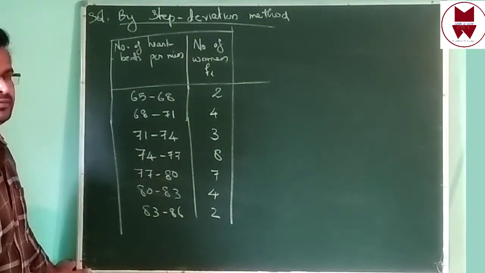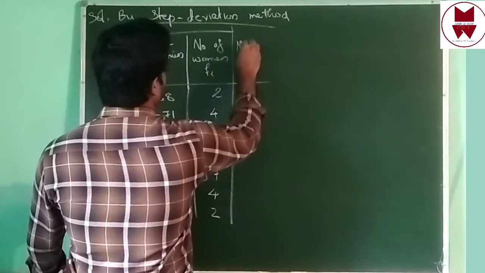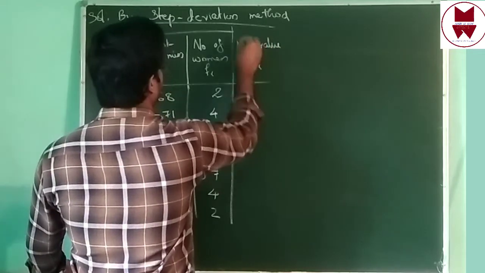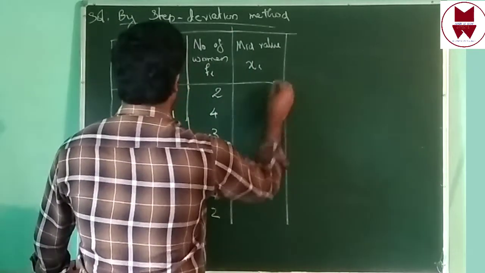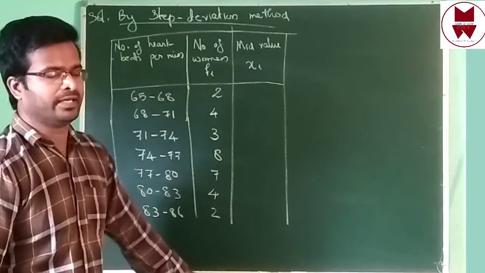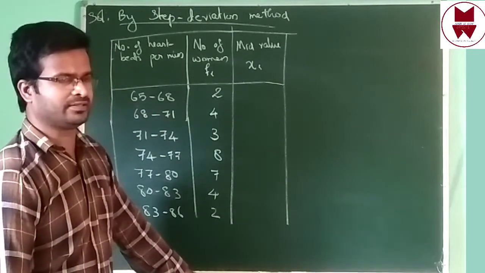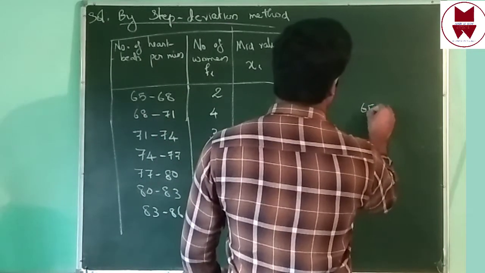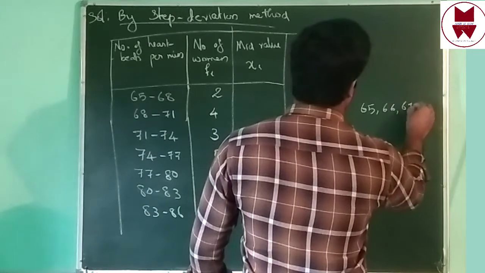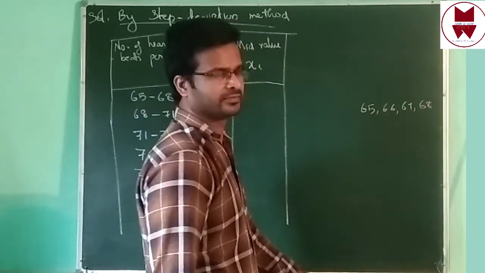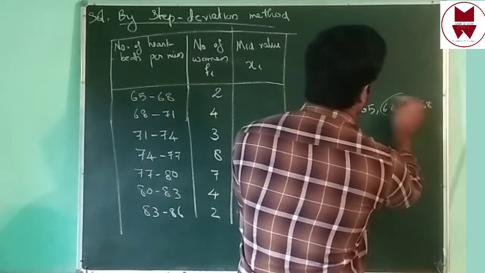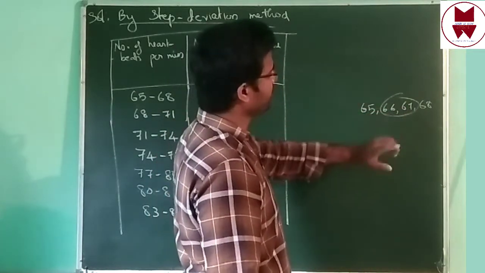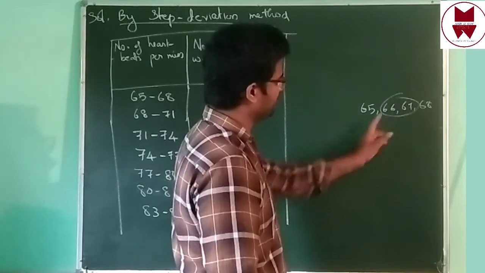Then first we will write the mid value xi. 65 68. In between 65 and 68 which number? 65, 66, 67, 68. Two numbers are there, 66 and 67. Then find the mean of 66 and 67.